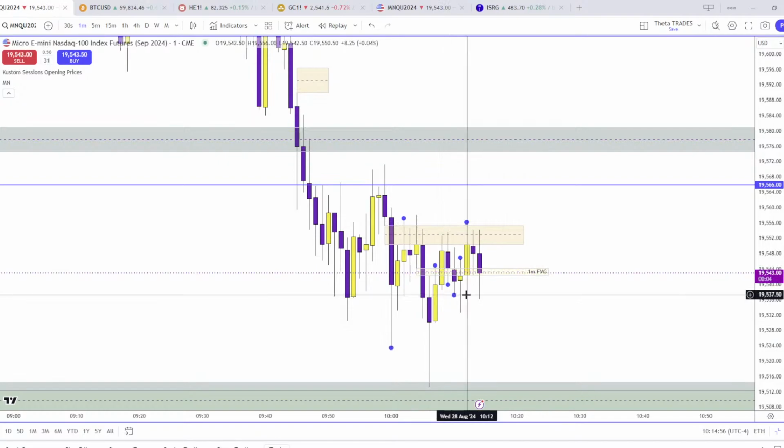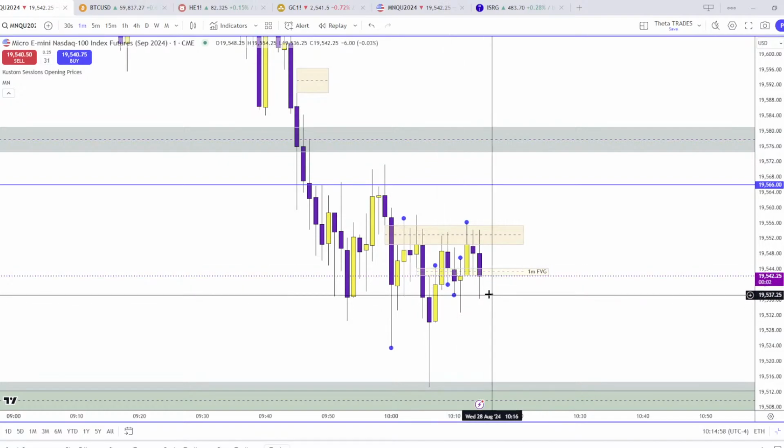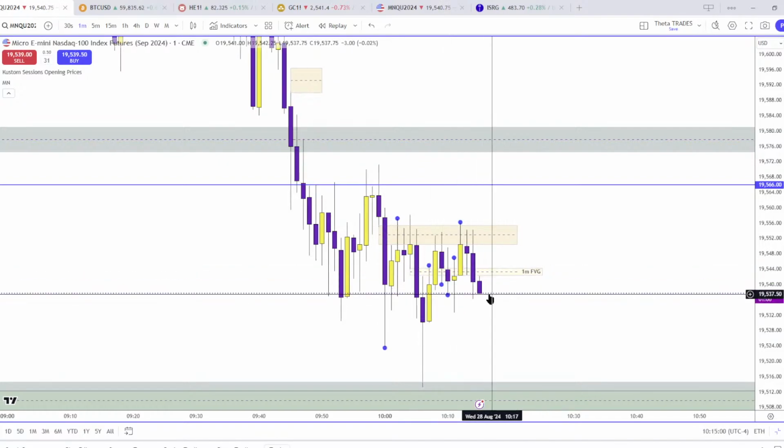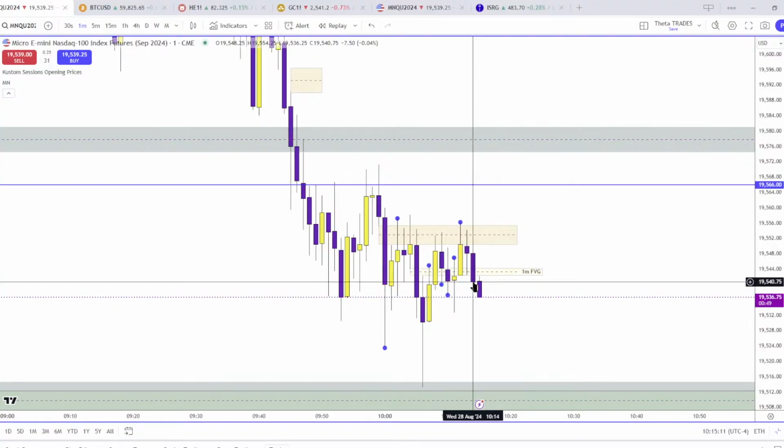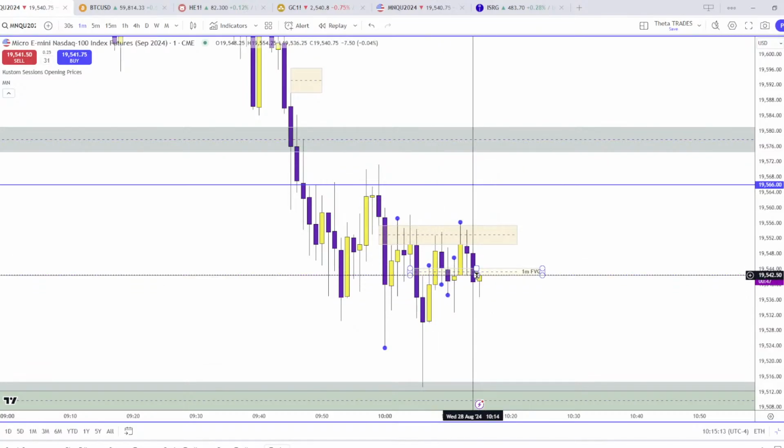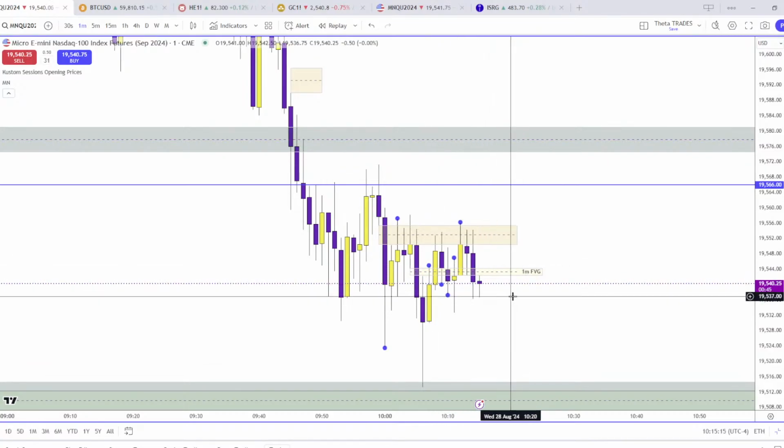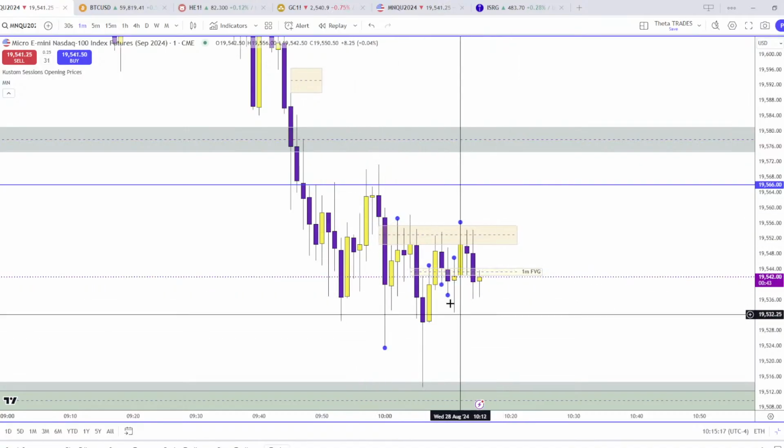Wicking through again. This candle's 50% of its wick. We traded below it again, back to finding support at it. Welcome to your consolidation.